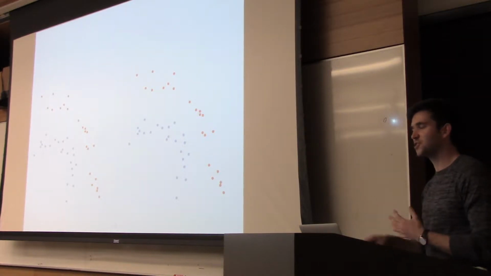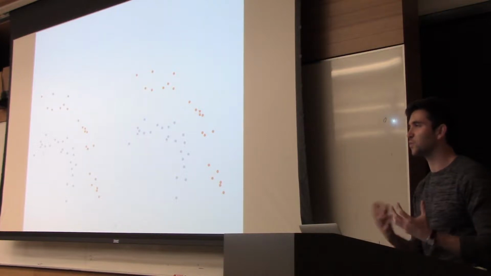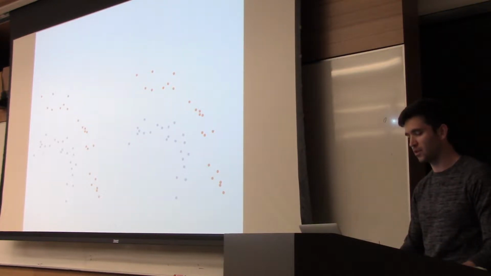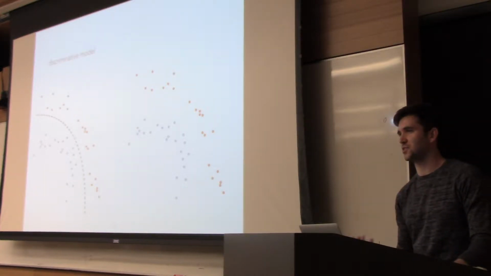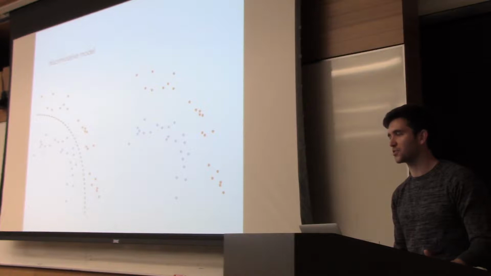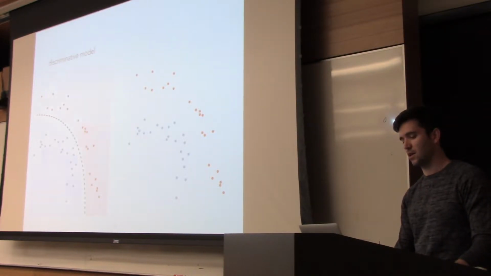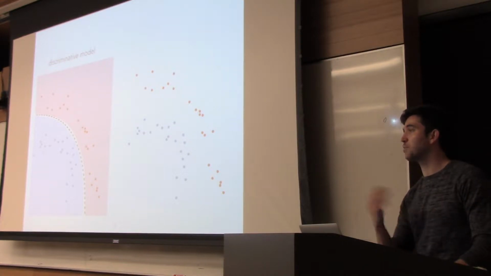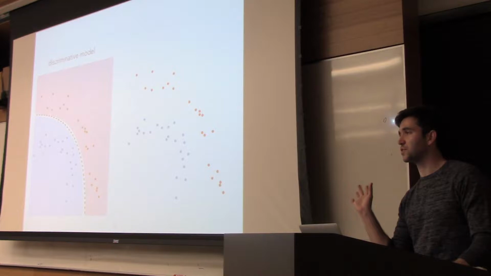Just to clarify the difference between generative models and what you've perhaps seen before: if you have a discriminative model, that's trying to discriminate between classes of points, or it could be a regression problem. In this case, you're going to try to draw a boundary and separate out these two parts of the data distribution.